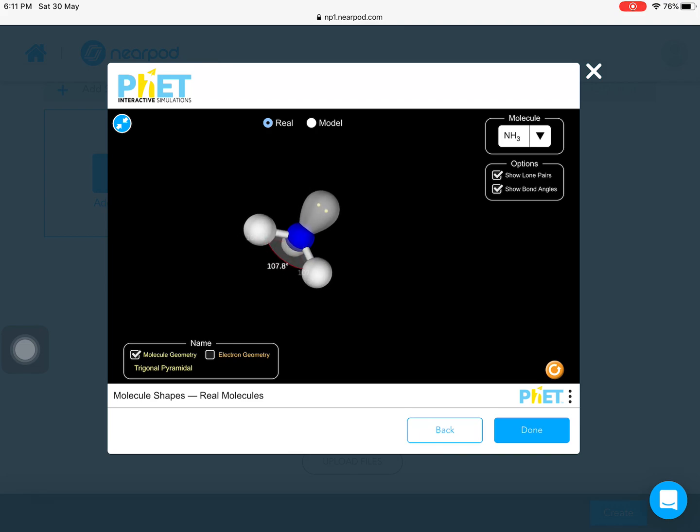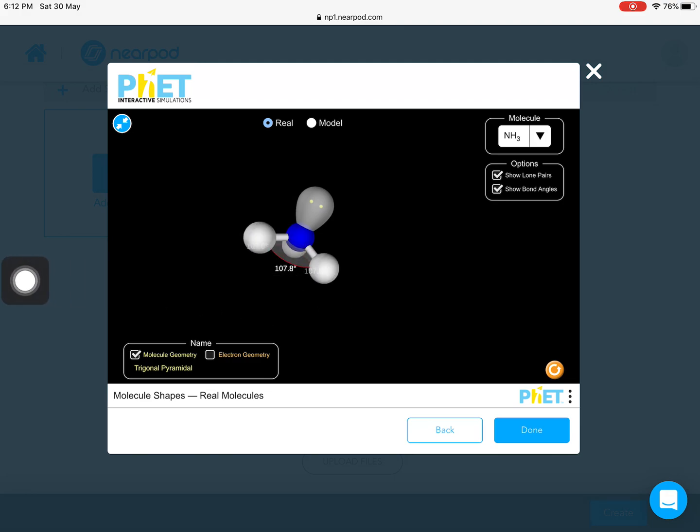We'll get into the bond angle a little bit later, but basically this lone pair takes its part in the atom. Just like any of these, the lone pair also has a specific position that it has to take. Now you guys can probably see the bond angle here is 107.8. Very close to 109.5. We'll talk about why this is not exactly 109.5 by the end of this lesson.